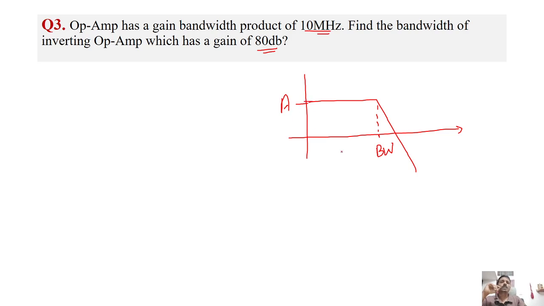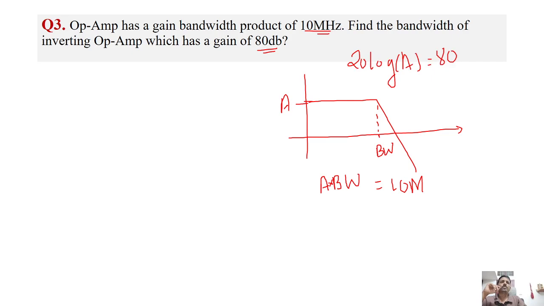The gain is A. Then the gain bandwidth product is A into bandwidth. So given A into BW is 10 megahertz, and also A is given in dB, so 20 log A is given as 80.